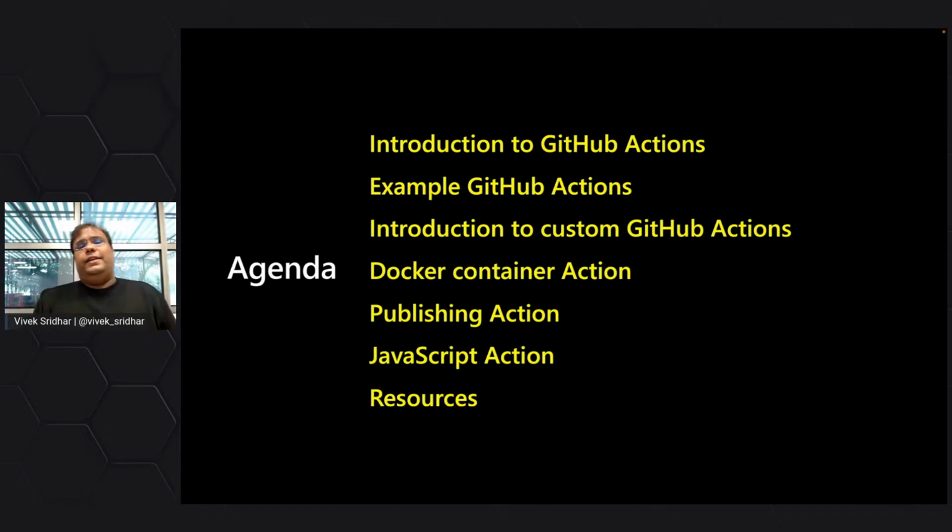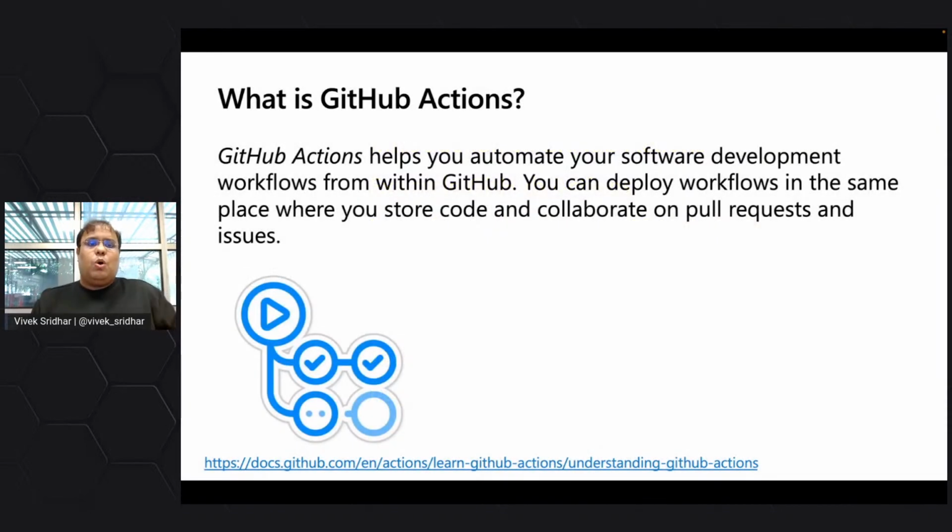Before I deep dive into custom GitHub Actions, let's go through what GitHub Actions is. It's very simple. We used to do CI/CD before. We had code. We used to push it to a repository, and from that repository, we used to take it and deploy the code to production.